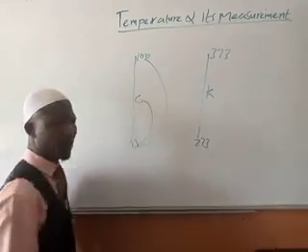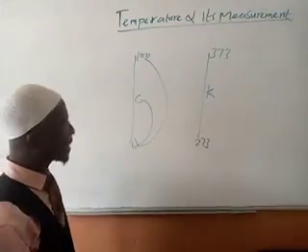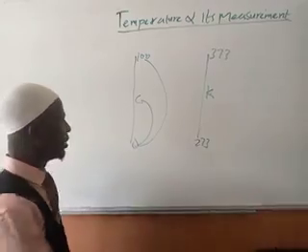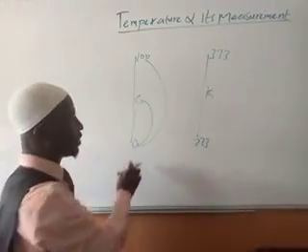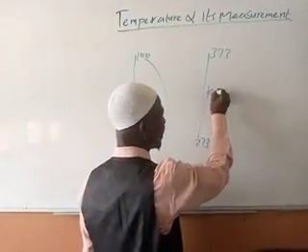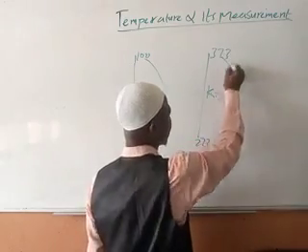Whenever you are asked to convert from one scale to another, apply this method. This minus this over this minus this is equal to this minus this over this minus this.